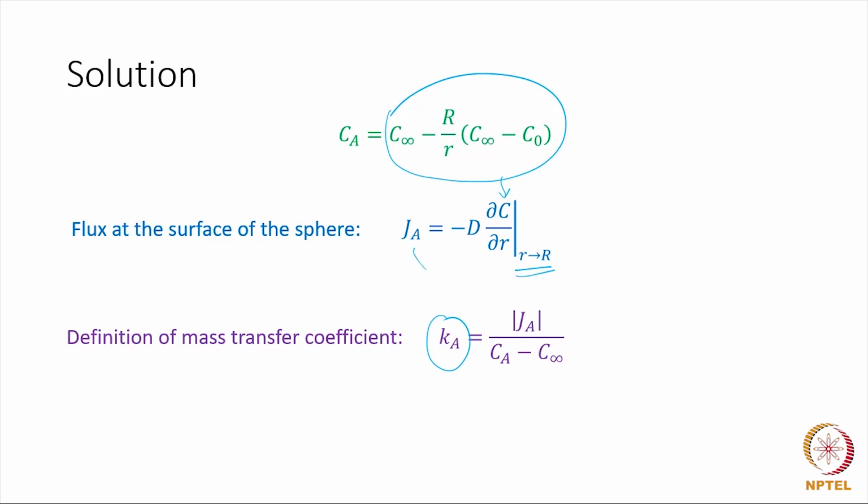So whatever we get from here, we substitute there and evaluate, and when we perform these simple manipulations, we get a very simple expression for the mass transfer coefficient, which is nothing but the diffusivity divided by the radius. And this we have obtained by looking at the analytical solutions. So we can actually evaluate the mass transfer coefficient using the composition profiles also.